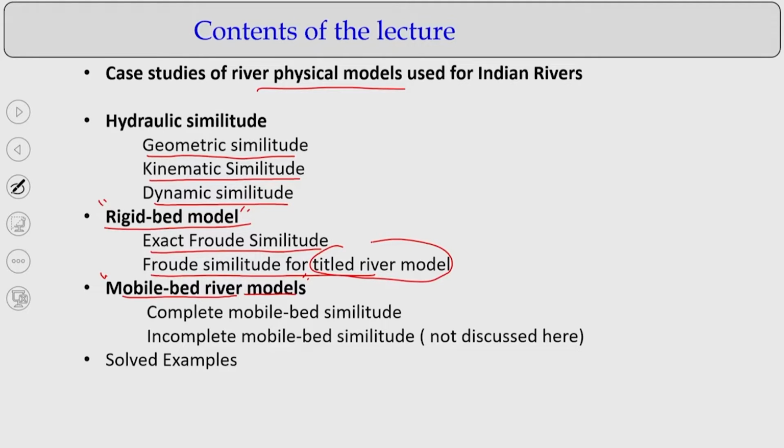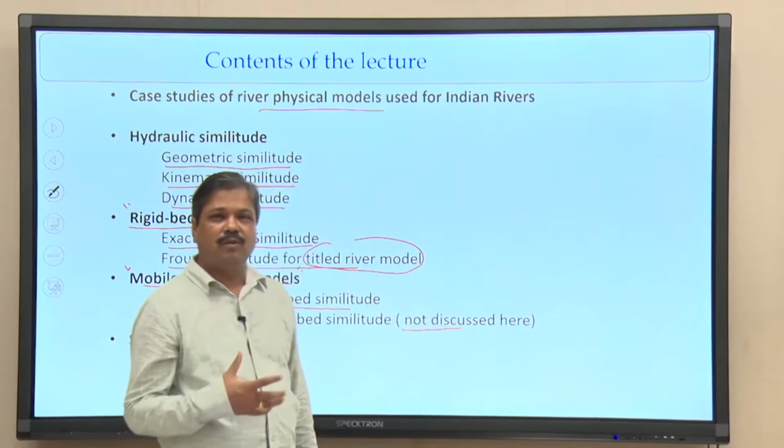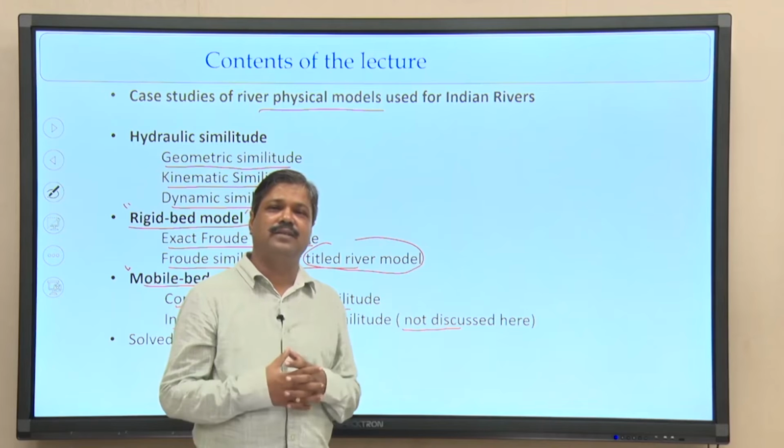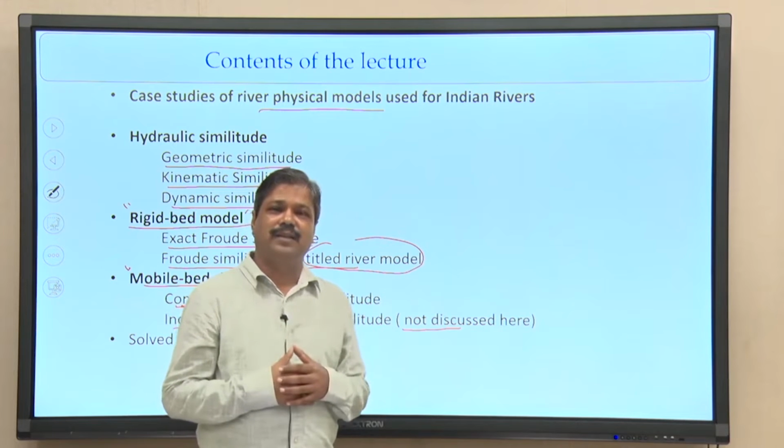In a similar way, the mobile bed models can be complete or incomplete models. I am not discussing incomplete models in much detail here; we will just discuss complete mobile bed similitude. Before trying to develop river physical models, we should have enough knowledge of river engineering.